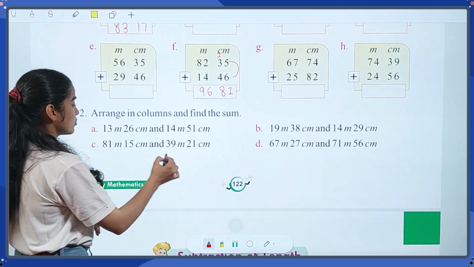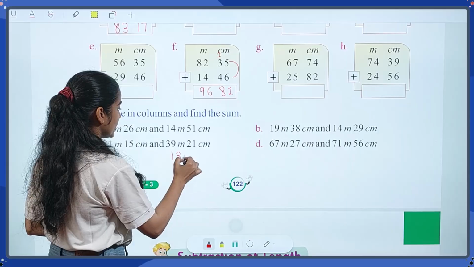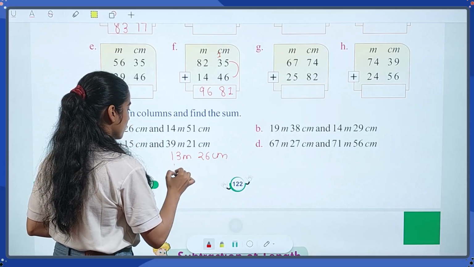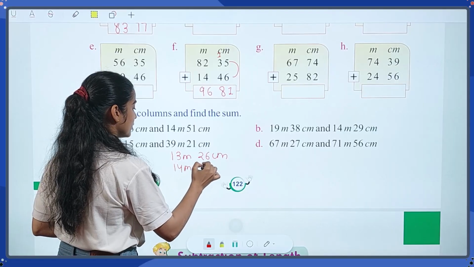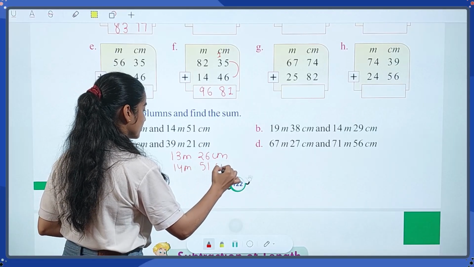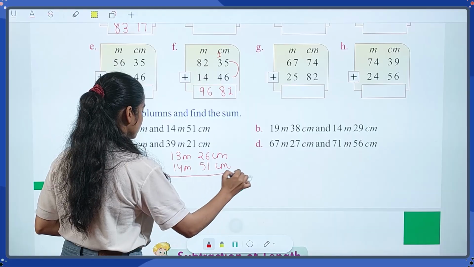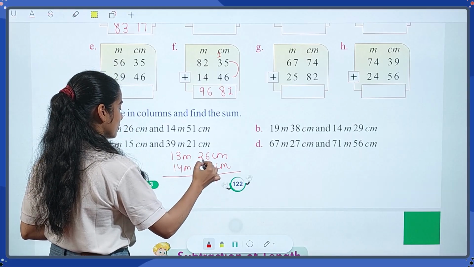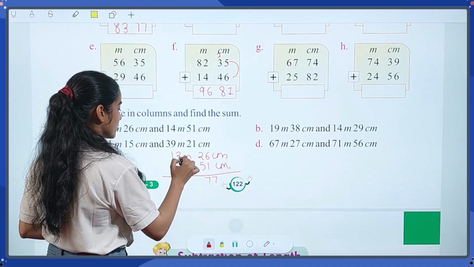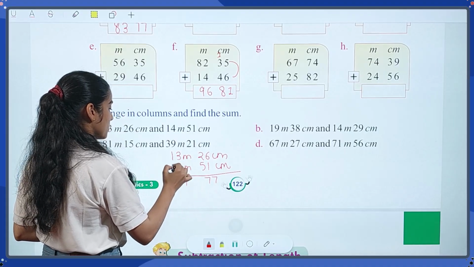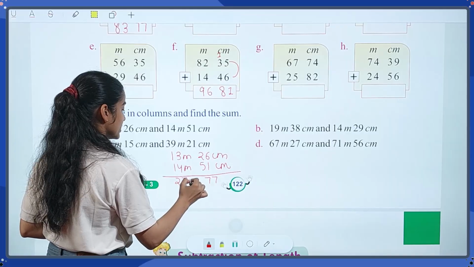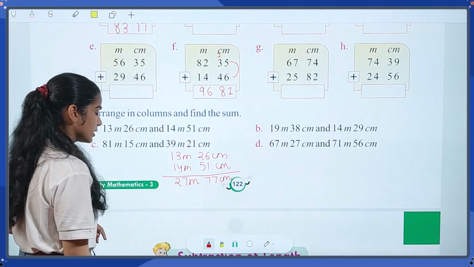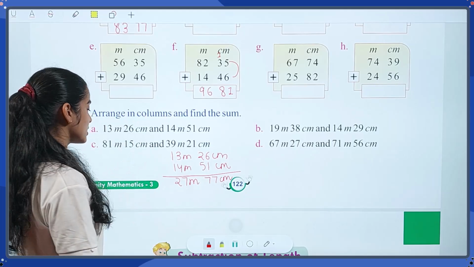You can simply arrange it: 13 meters 26 centimeters, 14 meters 51 centimeters. 6 plus 1 is 7, 2 plus 5 is 7, 3 plus 4 is 7, 1 plus 1 is 2. So 27 meters 77 centimeters is your final answer. You can do the rest of the questions similarly.